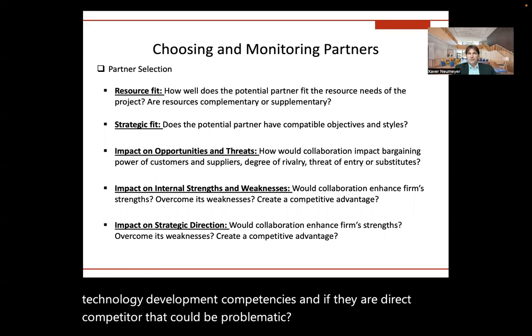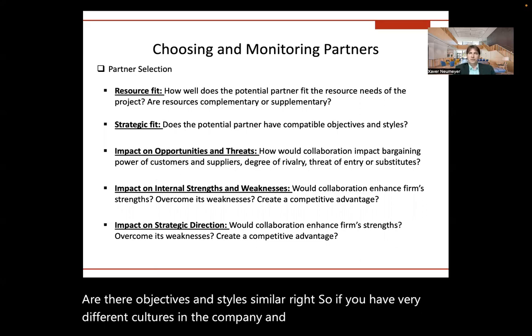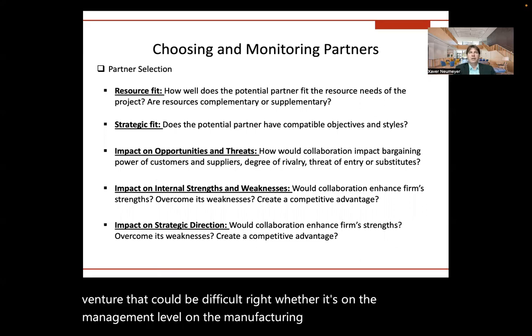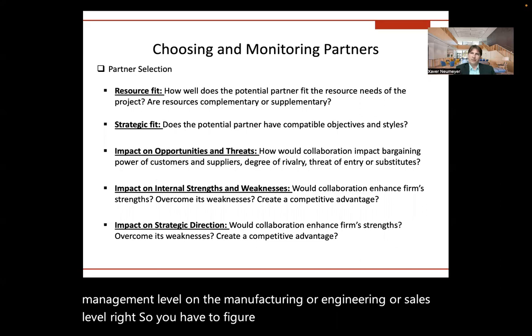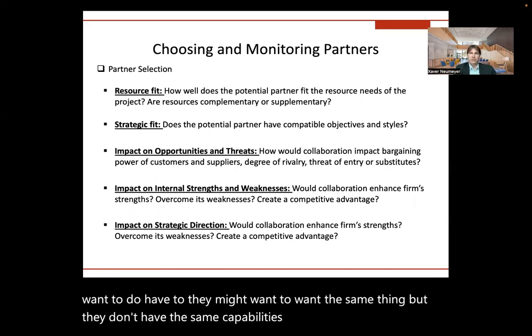Are the objectives and styles similar? If you have very different cultures in the company and you're trying to form a joint venture, that could be difficult, whether it's on the management level, the manufacturing or engineering or sales level. Both partners might want the same thing, but they don't have the same capabilities and they don't have the same collaboration cultures.